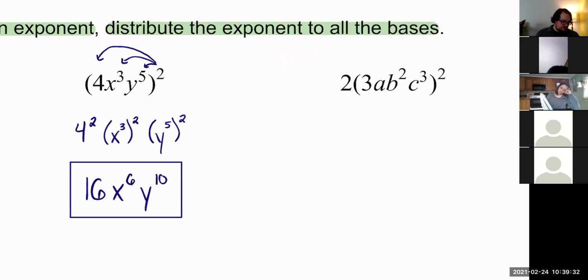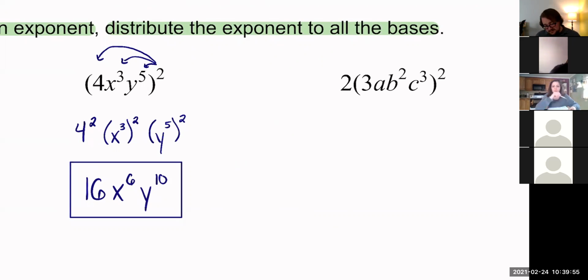Last one. How many bases are sharing the exponent? I see 5 bases. Well, the 2 is outside the parentheses, so the exponent doesn't belong to the 2. The coefficient of 2 outside the parentheses is not going to be affected. It's not sharing the exponent. Spot on. So it's along for the ride right now.